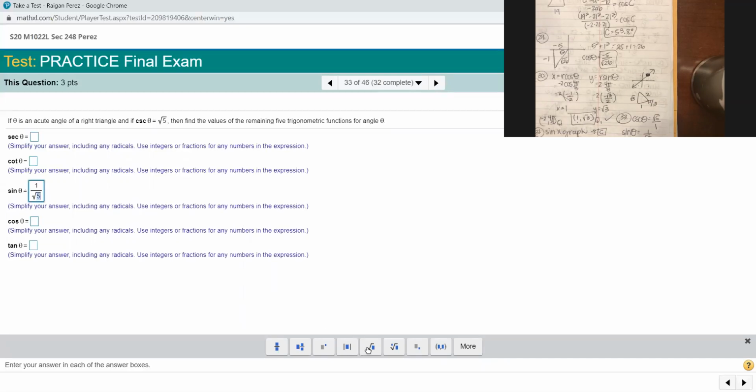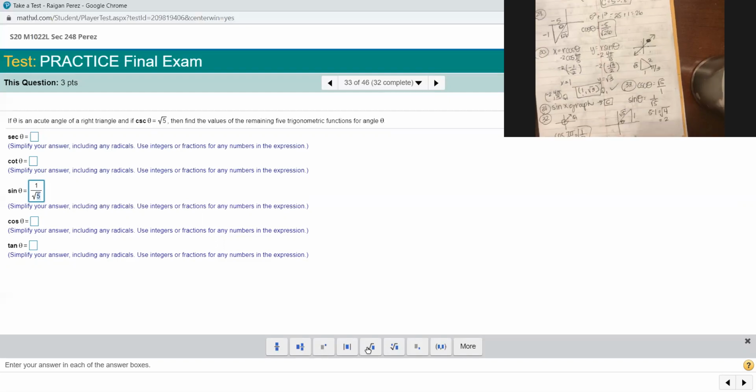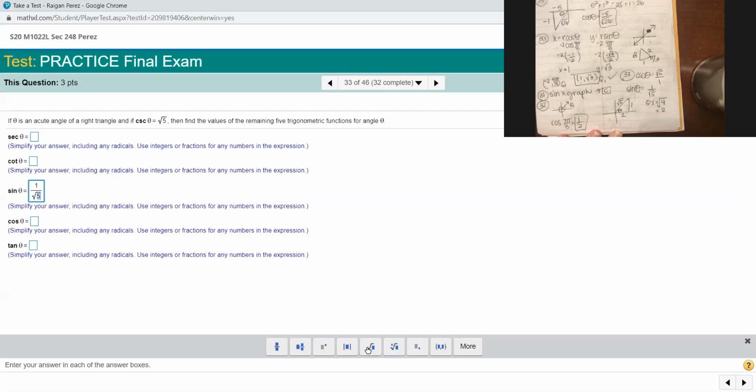But we've got to find the other ones, so I would just draw it here. I know the hypotenuse is square root of 5, and I know that opposite is 1. So what is 5 minus 1? 4, doing the Pythagorean theorem, and square root of 4 is 2. So I know this other side is 2.